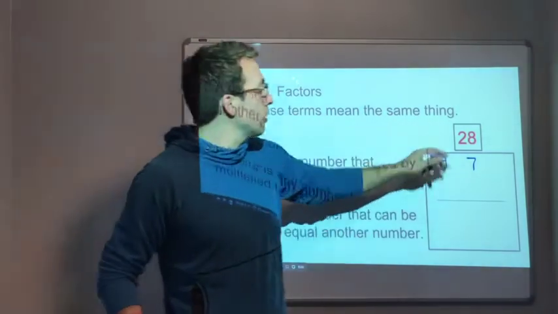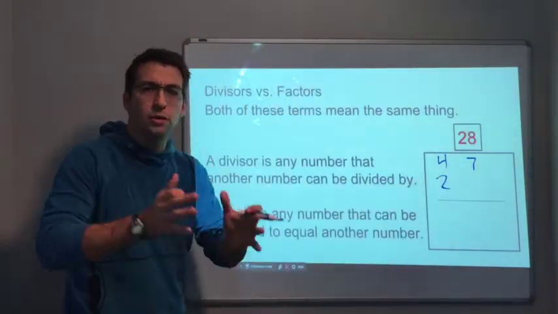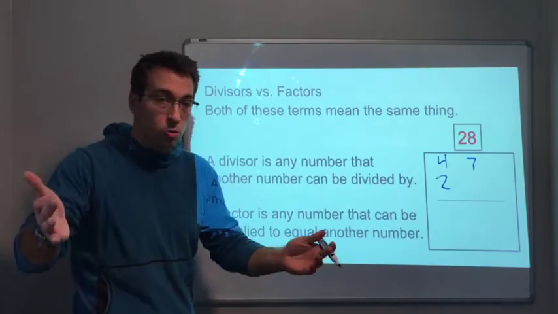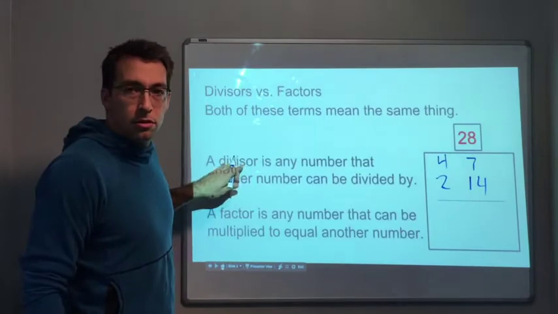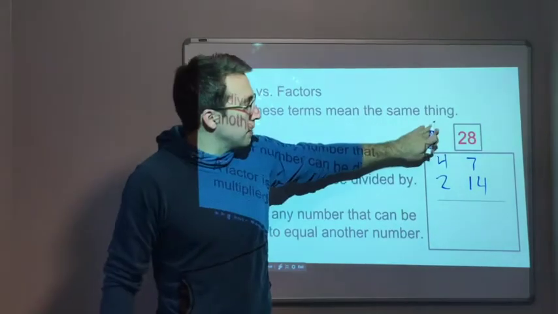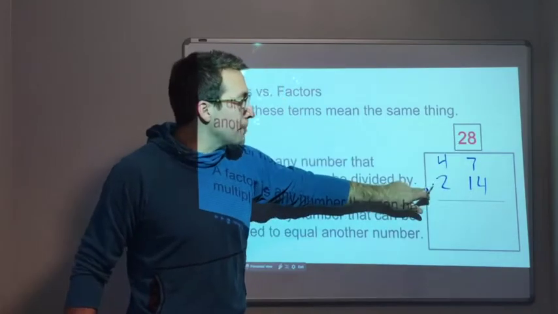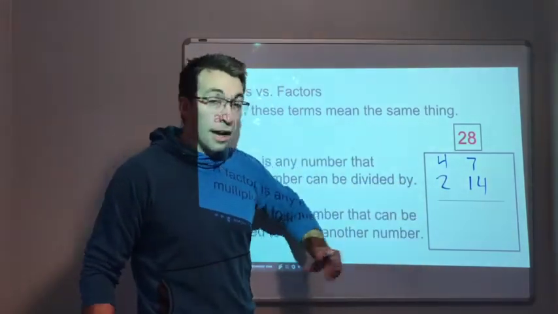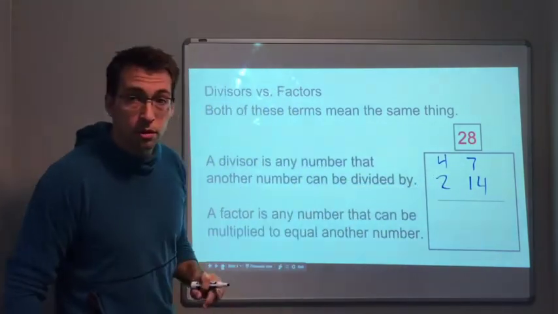We can also divide 28 by 2. If we multiply 2 times 14, you get 28. So these are all divisors of the number 28. 28 divided by 4 equals 7, 28 divided by 2 equals 14, and vice versa, 28 divided by 7 is 4, and 28 divided by 14 is 2.